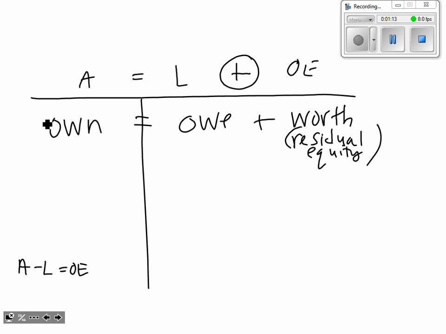What are some things we own? Whether we owe money on them or not, what's some things we own, a typical business? Cash money. Okay, I'm going to just say equipment. Starts with S. Thank you.